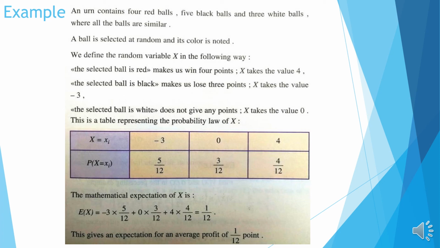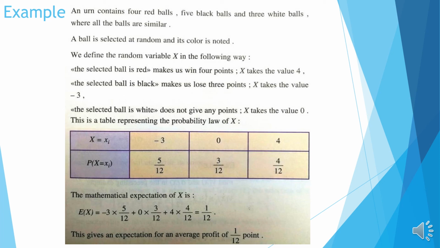And don't miss that minus 3 it comes from black balls, 0 comes from white ball, and 4 comes from red balls.